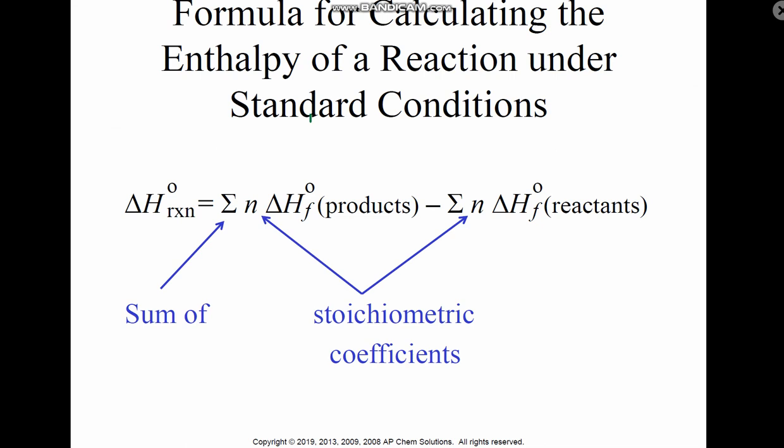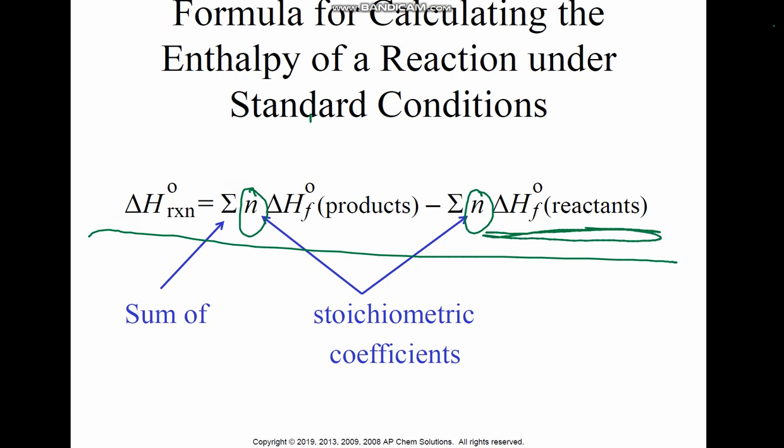Okay, so the formula for calculating this is not going to be given to you on your formula sheet. This is something you just need to know: it's the sum of the products minus the sum of the reactants, and you need to make sure that you have the stoichiometric coefficient there. Also, when you have the reactants, you want to change the sign of the enthalpy of formation to a negative, because you're not forming the reactants in the reaction.